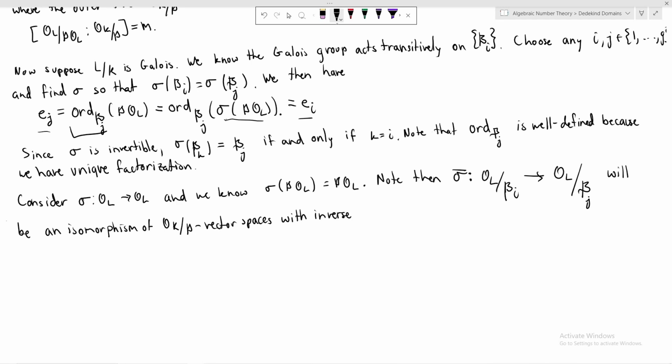It's just take the inverse map to sigma and then take the map that this descends to on O sub L mod P sub j. Once we realize that this is an isomorphism of O sub K mod p vector spaces, the fact that f sub i and f sub j are equal just follows from the definition. Remember that f sub i is the dimension of these things over O sub K mod p.